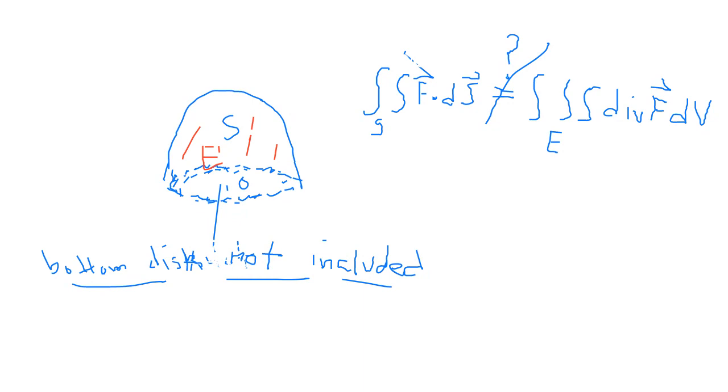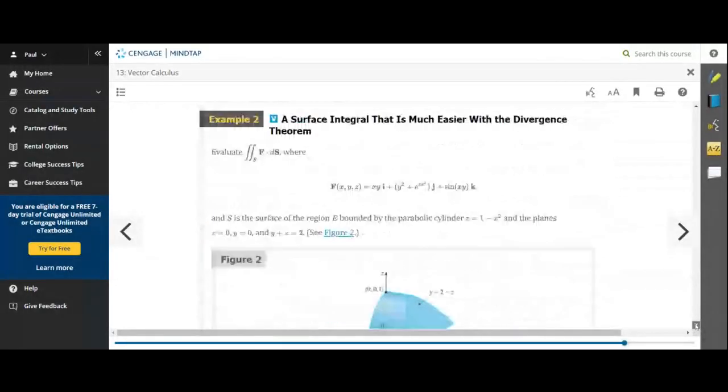Okay, great. Well, then let me go ahead and go back to our book here. So they have a nice example, example 2, where they talk about a surface integral that's much easier with the divergence theorem.